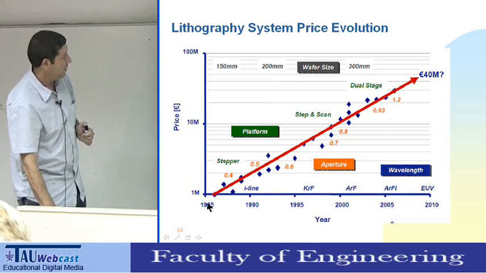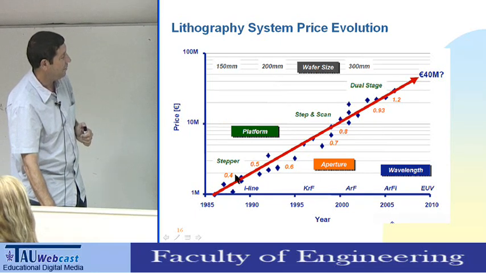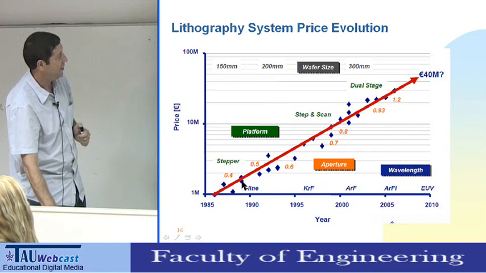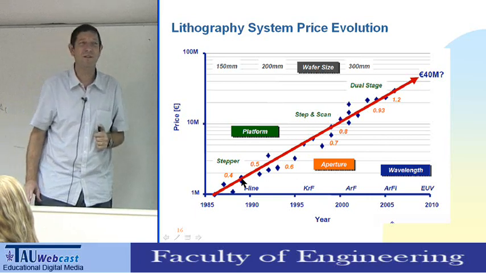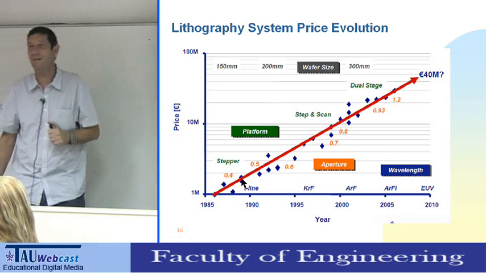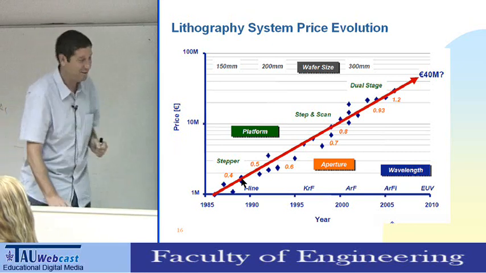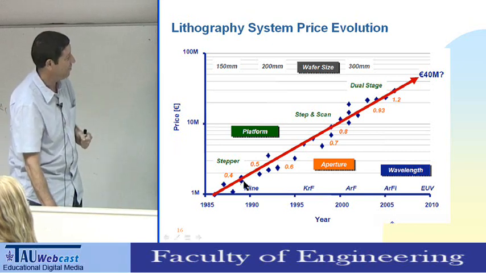So in 1990, a stepper cost in the range of 2 million euros. This is in euros, and it's a little bit misleading because at that time the euro was like 80 cents, which is now the opposite. So in dollars, it was even more expensive.